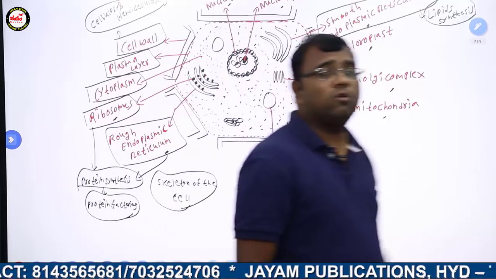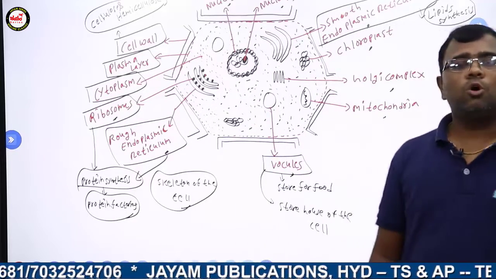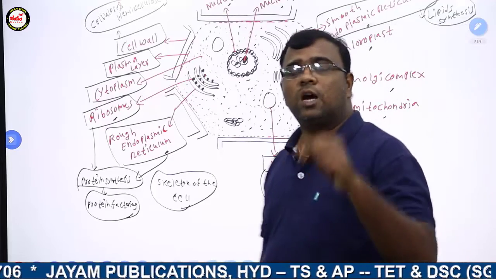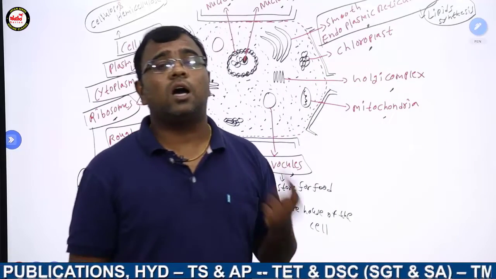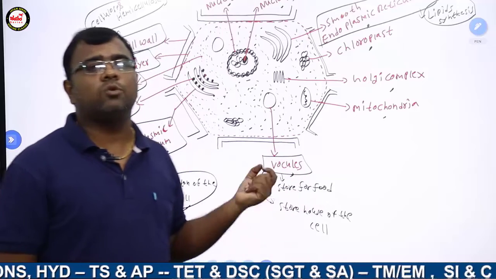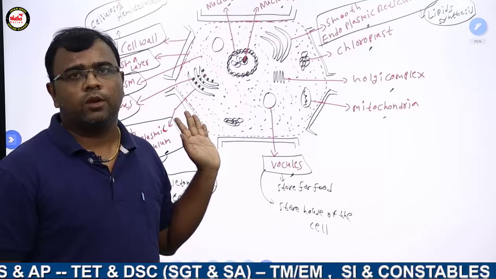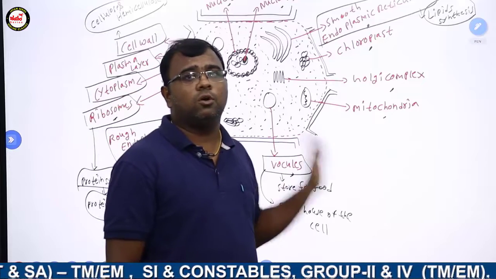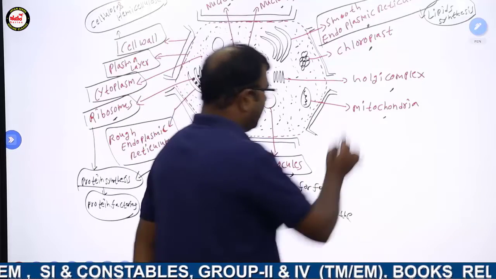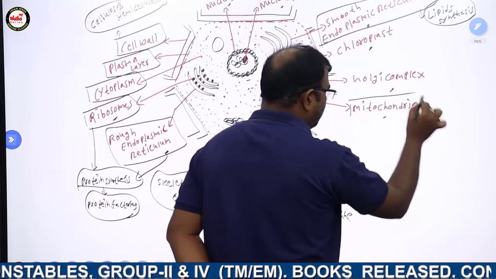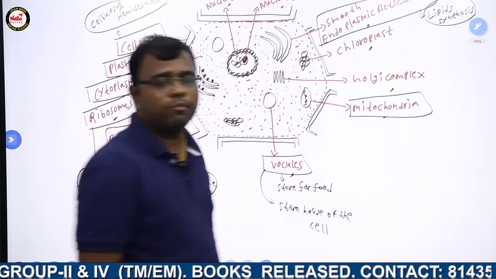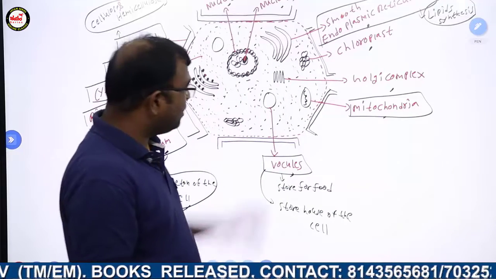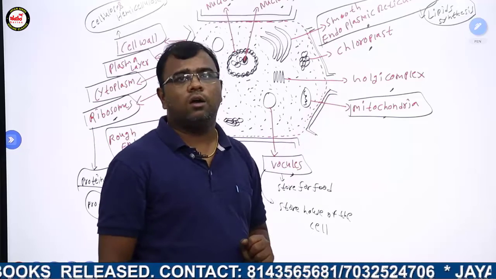The vacuole's function is to store food, so it is also called the storehouse of the cell. And the next part goes to mitochondria. What is the function of mitochondria?